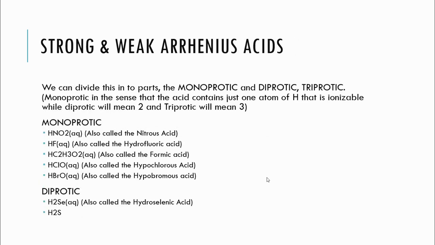So we can divide this. Okay, I think I already did that already. Monoprotic and diprotic. I think this is for weak. This is actually for weak. All these you have there, they are for weak acids. Sorry, I wrote strong and weak. It is just weak.